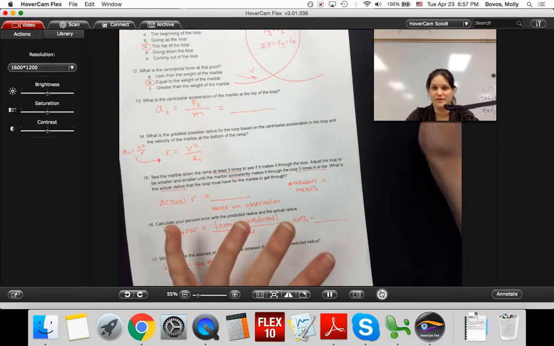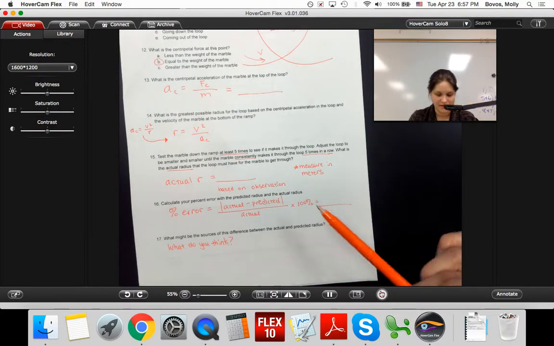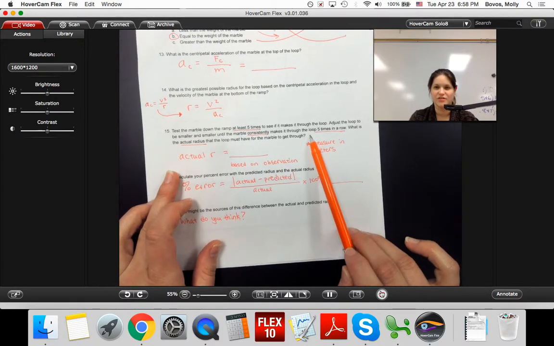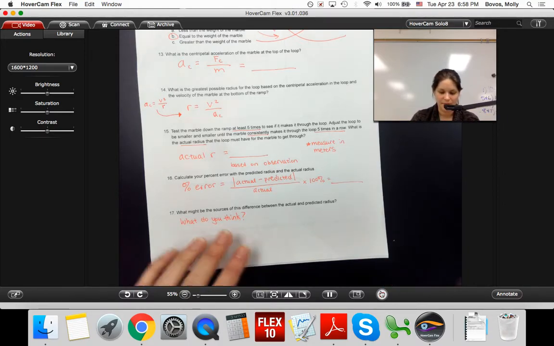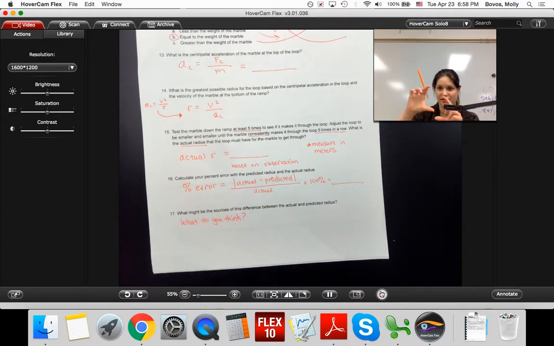You're just going to do the best that you can there. And then you're just going to test that out until you can get it to go through the loop consistently, and you know that, yes, it's actually getting enough speed to go through the loop, okay? And then that's going to be your actual radius, the half of that loop, not the whole diameter, but the half.